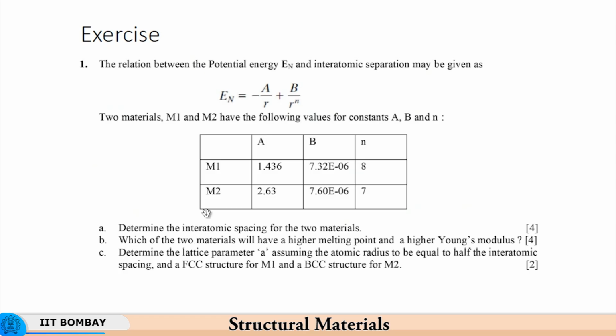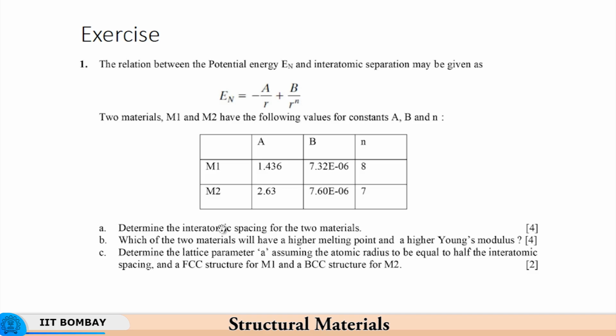So I had given you an exercise to find out the interatomic spacing of two materials, which of the two materials will have a higher melting point, and what is called the Young's modulus. It is basically an elastic property.